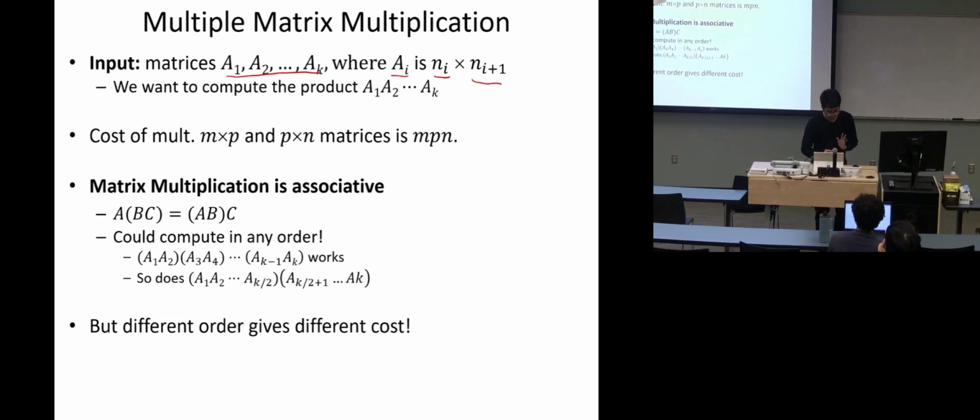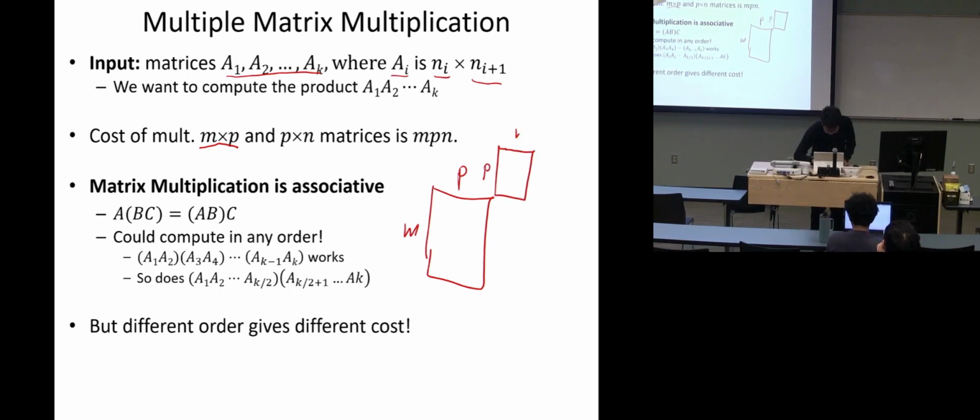By the way, let's say the cost to compute a two-matrix product, say one of size m by p and the other p by n, is, at least trivially, m times p times n, because for each entry you spend p time, and there are mn entries that you need to fill in.